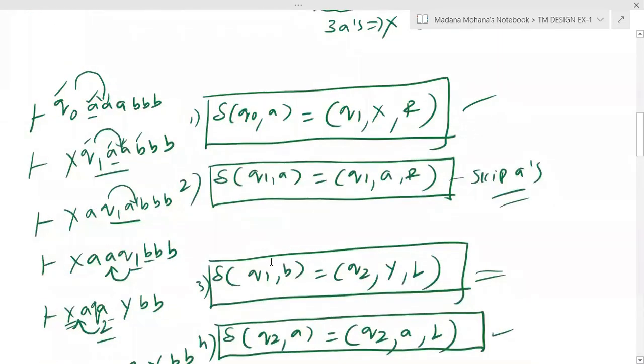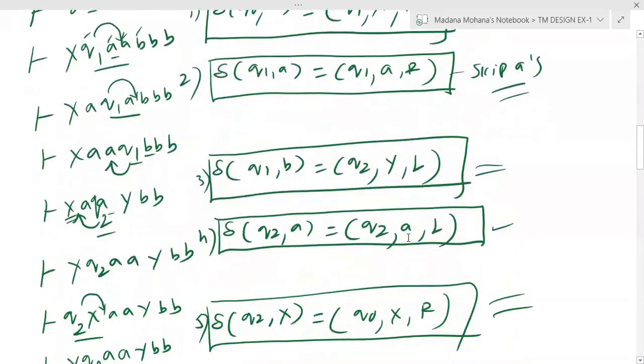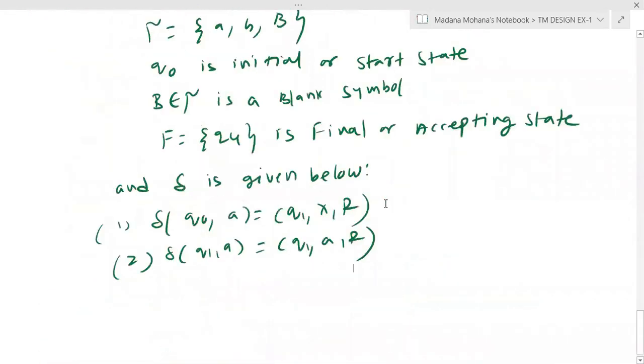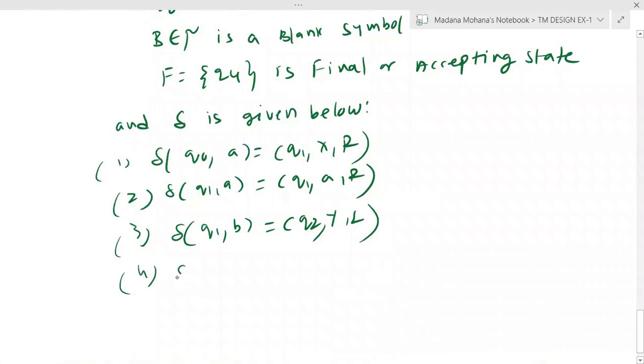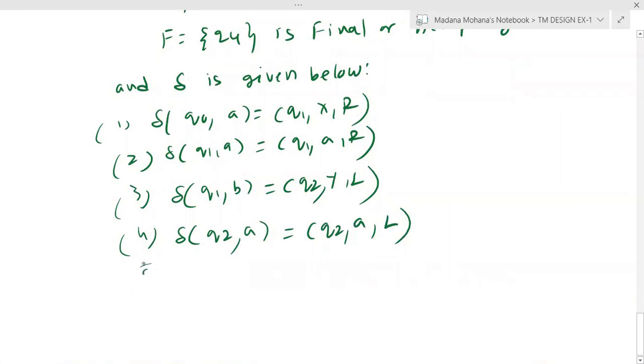The third one is delta of Q1 on B equals Q2 Y L. The next transition is delta of Q2 on A equals Q2 A L. The next one is delta of Q2 on X equals Q0 X R.